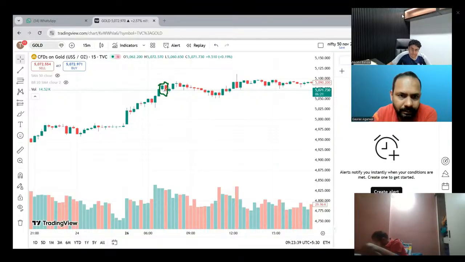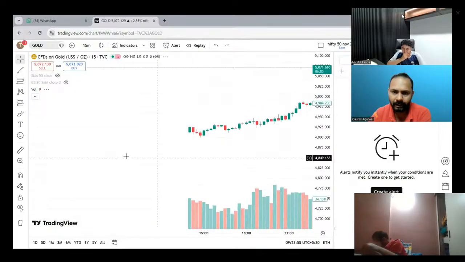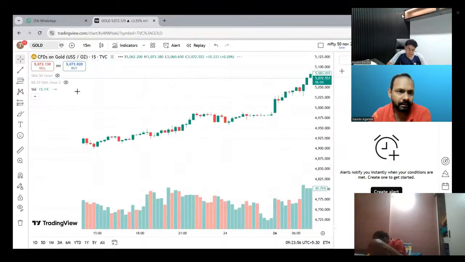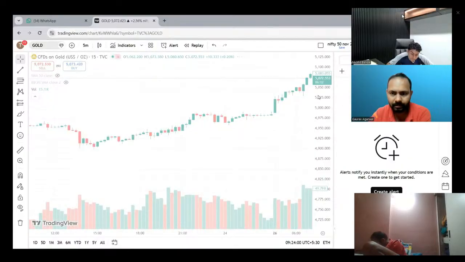It didn't break the low, so there is no entry for us. It should break that low, then only we need to take an entry. Let's try to find some patterns which have successfully completed.